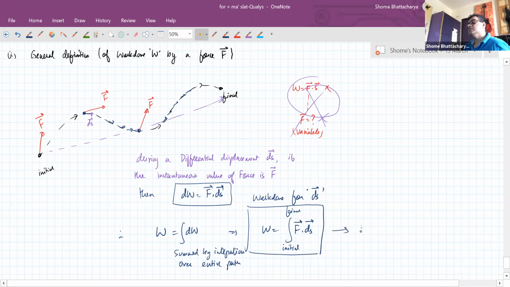By this definition, work done equals the path integration of force over the path from initial to final position.